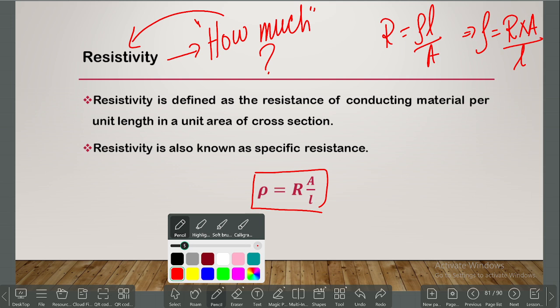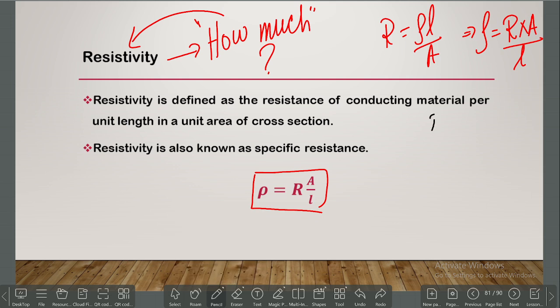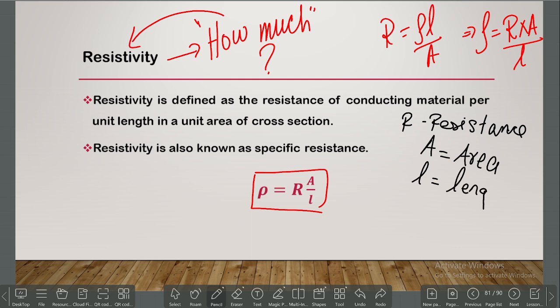Here the letter R stands for resistance, A stands for area of cross section, and L stands for length. And how can we define it based upon the formula?